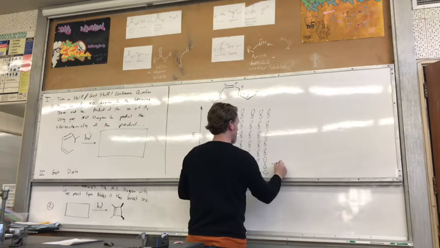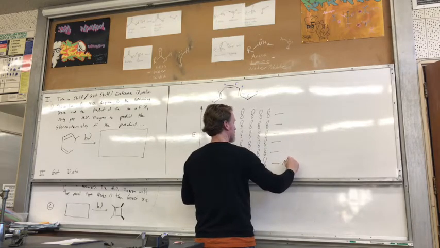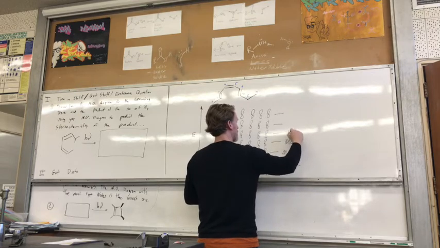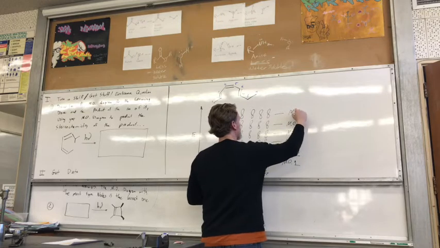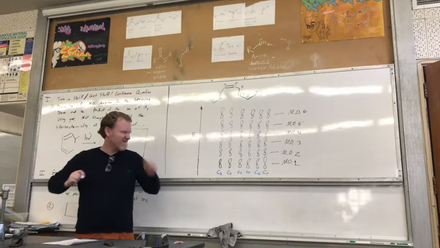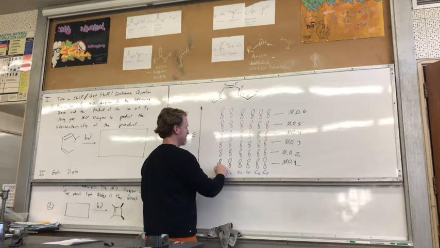Okay, so 1, 2, 3, 4, 5, 6 molecular orbitals. I need to start shading these in. I'm going to start off just shading the left side all on the bottom.